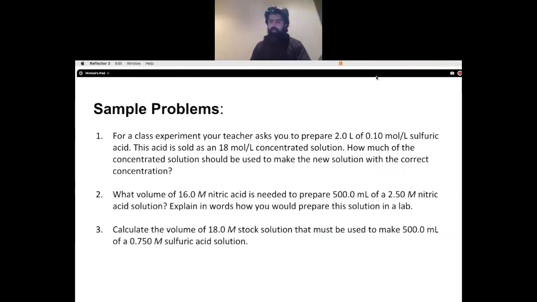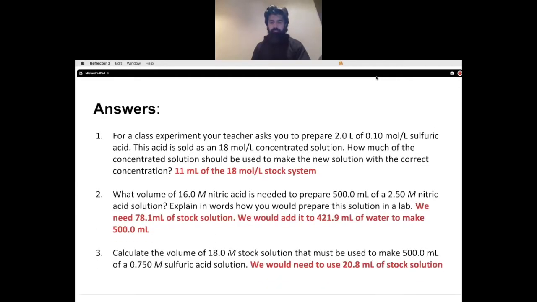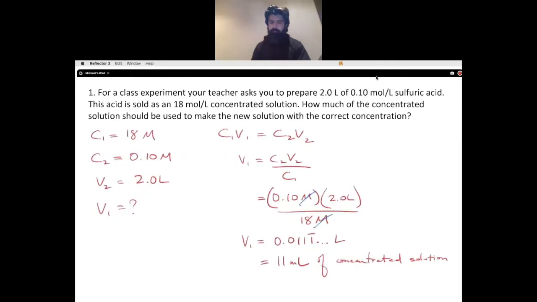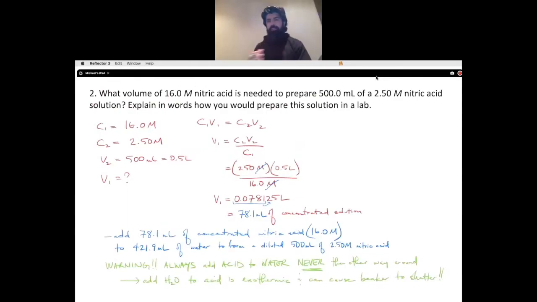Okay, so here are some sample problems. We're going to look at sample problem number 2. Sample problem number 3 and sample problem number 1 are the same, and really, 1 and 3 are no different to 2, but the difference with 2 is that I ask you to explain in words how you would prepare this solution.